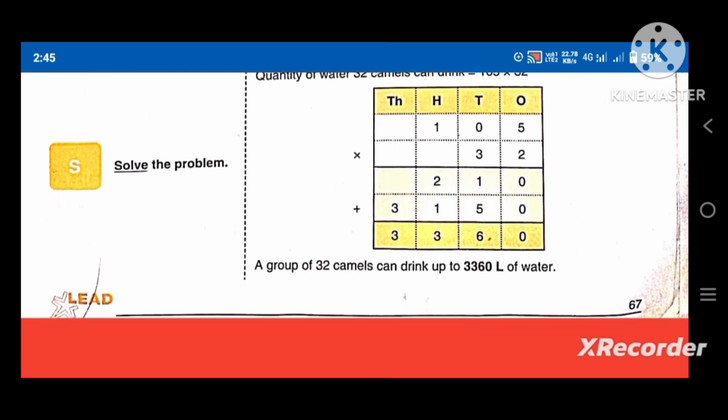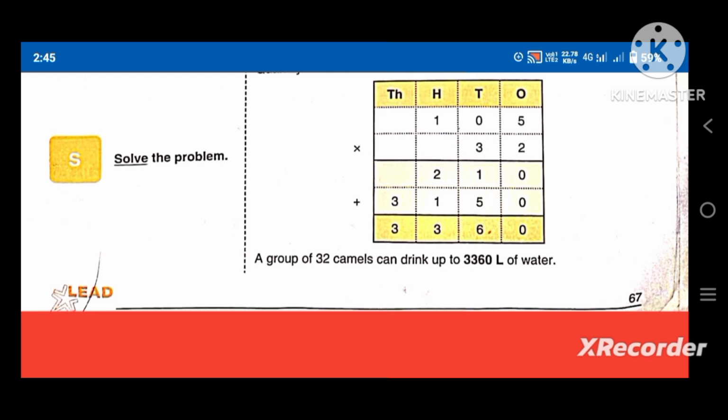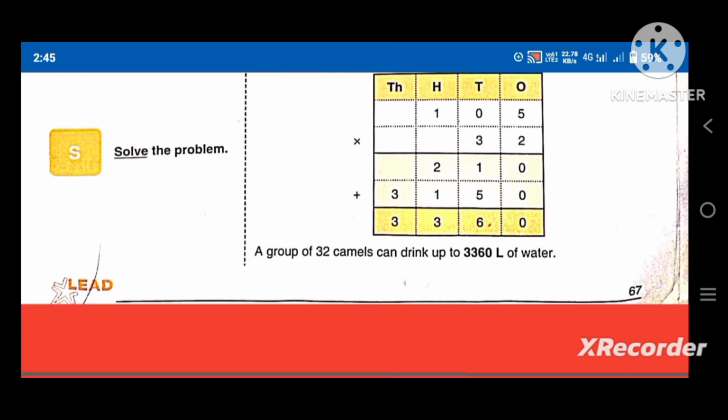A group of 32 camels can drink up to 3,360 liters of water.